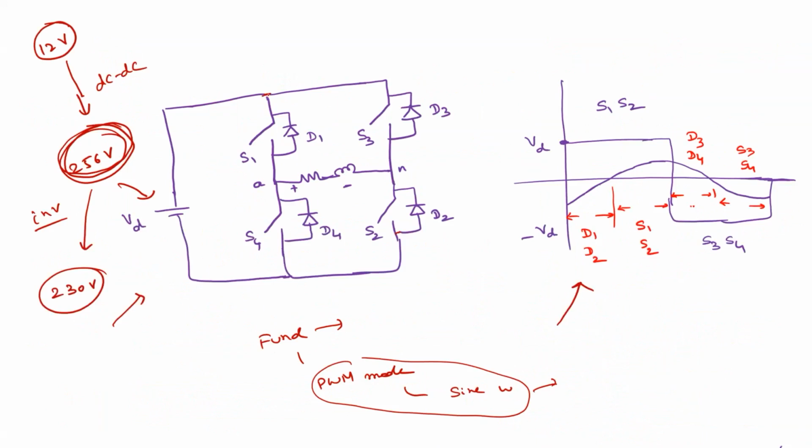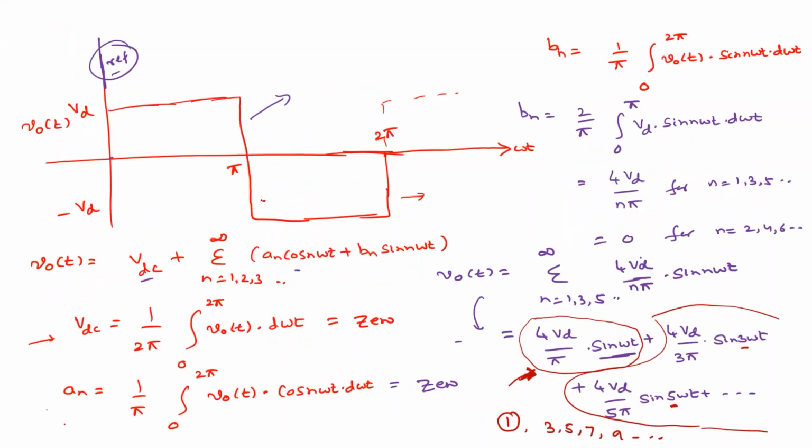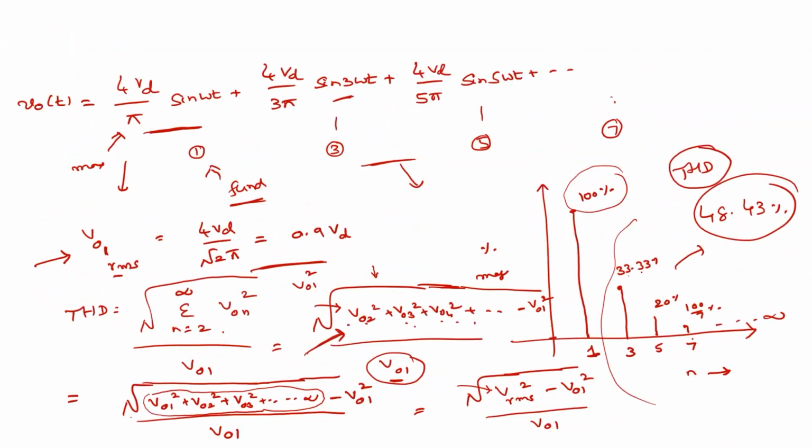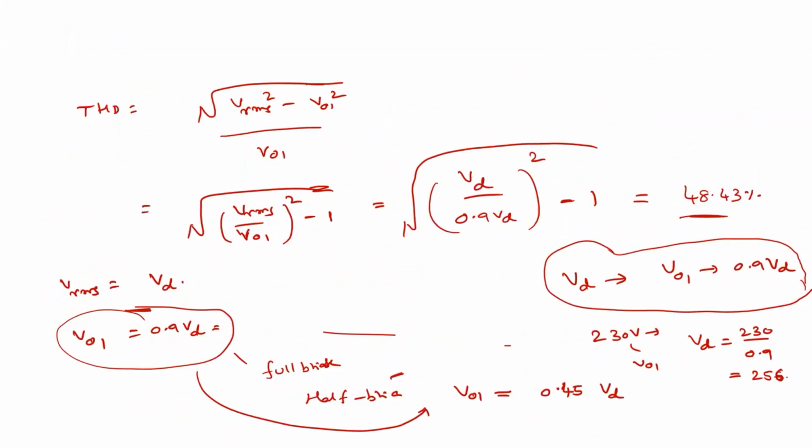So now, how to control the output voltage? When it is operating in square wave, how to control the output voltage? For example, a simple question. I'm connected to a 230 volts inverter.